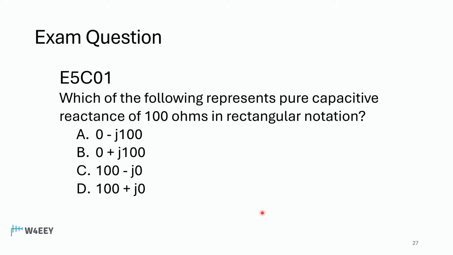Bravo. Okay, Delta. It's capacitive reactance. Okay, so capacitive is going to be negative, right? Yep. And the reactance part is going to be the imaginary side, so it would be minus J100 or Alpha. Just kind of reviewing what we talked about there, and then applying it.